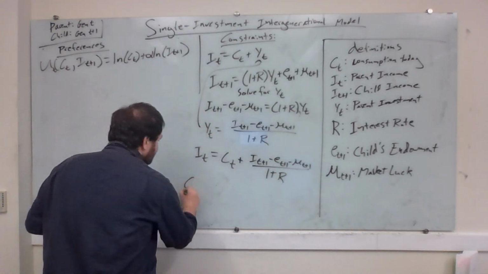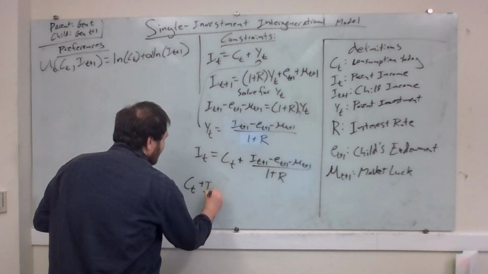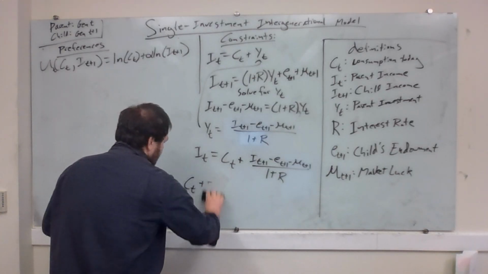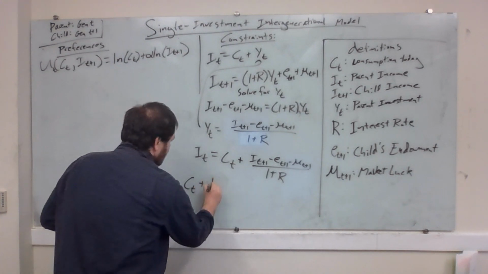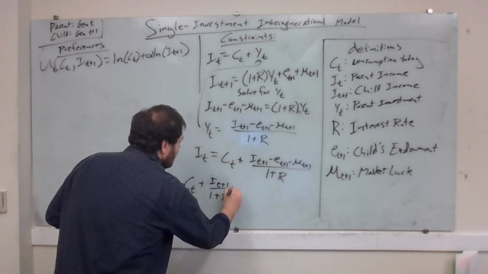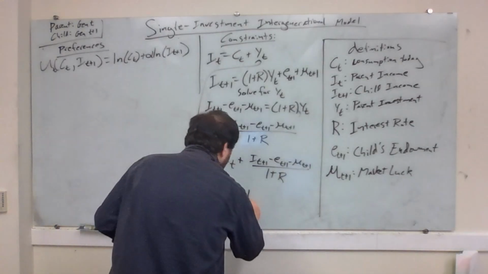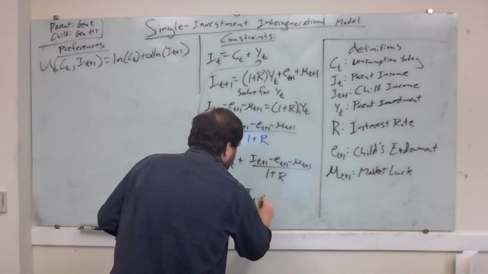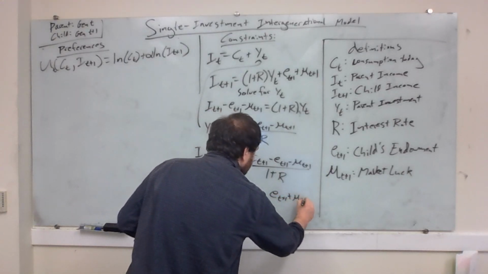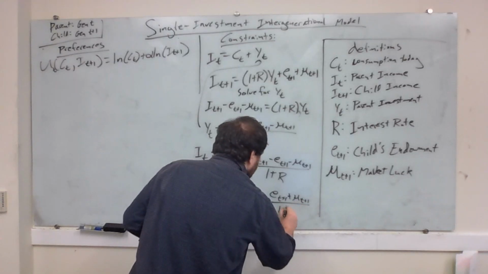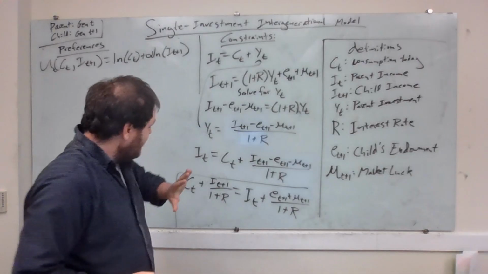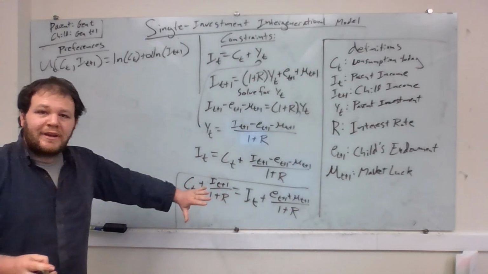So then I'm going to get ct plus it plus 1 over 1 plus r equal to it plus et plus 1 plus mu t plus 1 over 1 plus r. And this beautiful thing here is our parent's budget constraint.